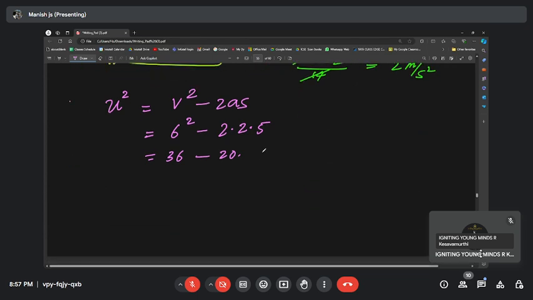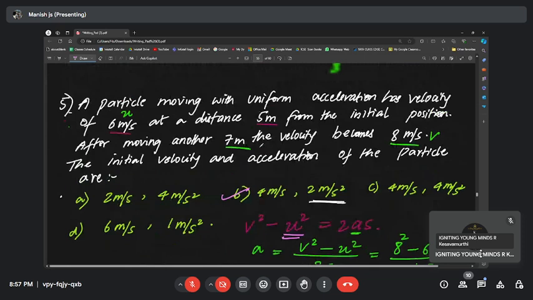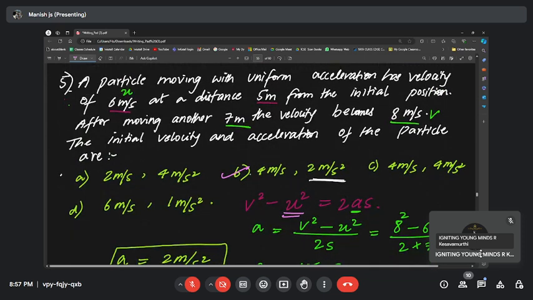So 36 minus 20, you will get the value as 16. Okay. So u squared is 16, which means u is going to be under root 16, which is 4 meters per second. So you get the initial velocity as 4. So that makes sense. Option B is right. So it is 4.